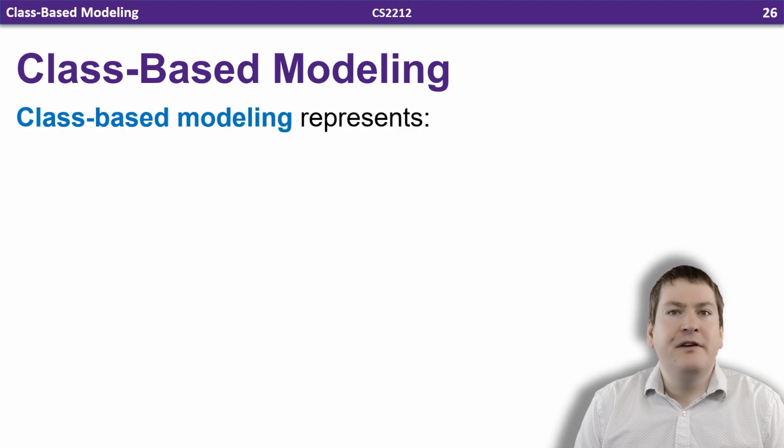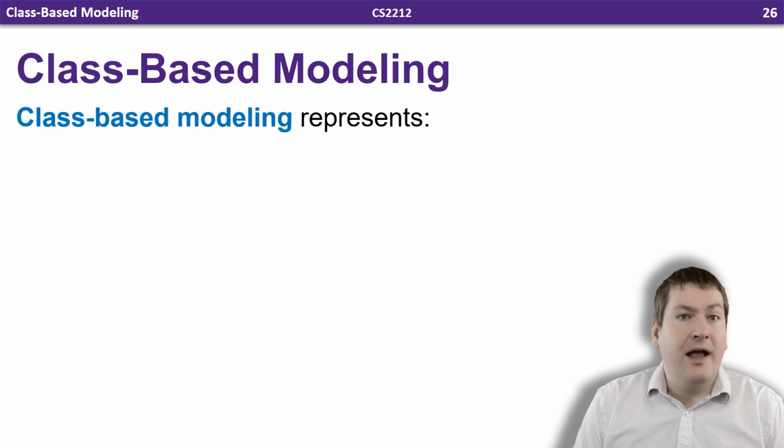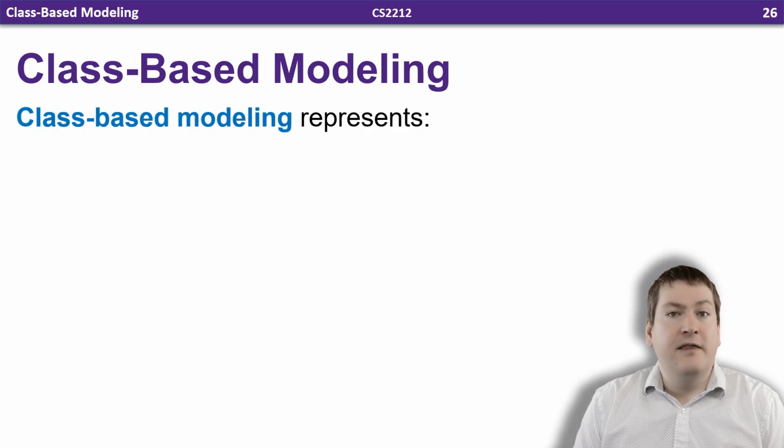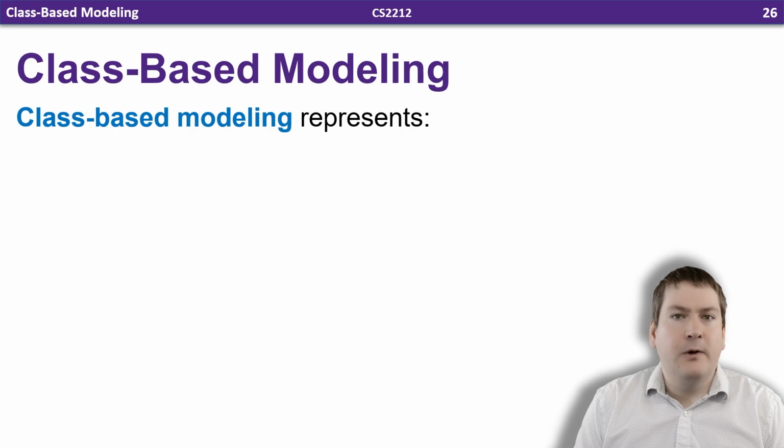Class-based models represent a few important details about the object-oriented classes that exist in the problem space of our software application. So what's the problem space? The problem space is the space where all your stakeholder needs exist that you would like your software solution to address. This is in contrast to the solution space, which describes how we will be specifically addressing these needs and includes technical representations of our software.